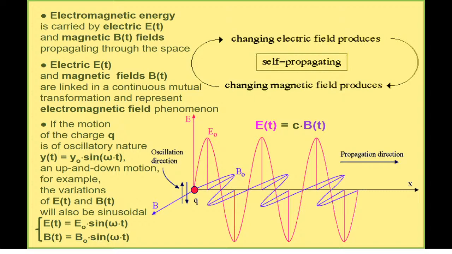So that is why it becomes such a community: one electric field producing the magnetic field. In turn, that change in the magnetic field is producing an electric field, and this combination of the electric and magnetic fields that are linked in a continuous mutual transformation, this just represents the electromagnetic field phenomenon.